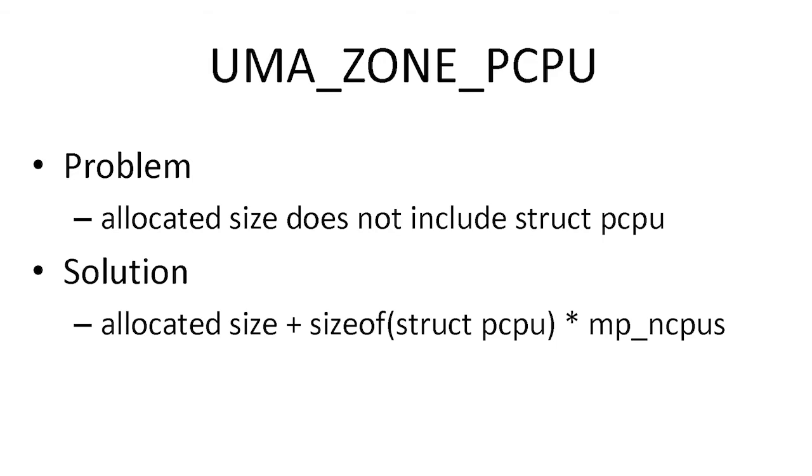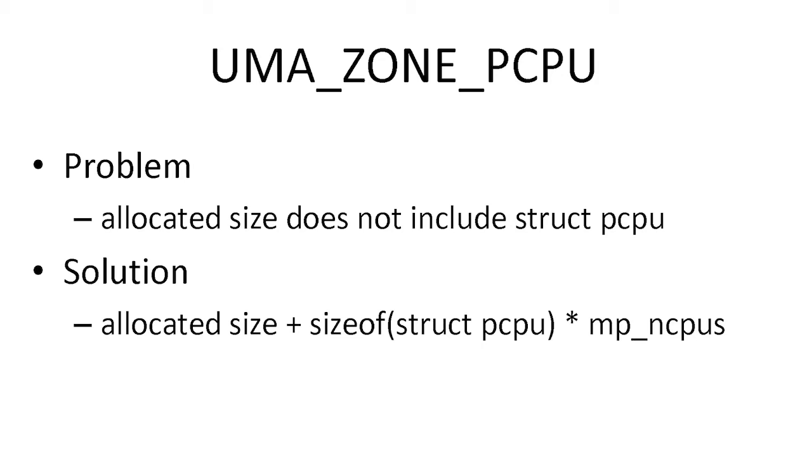The second problem I encountered is the UMA zone per CPU. This is a special zone for allocating per-CPU counters. But in the current implementation, MemGuard will only allocate the size of this counter. But actually, it should allocate the size plus the size of the per-CPU structure times the number of CPUs.